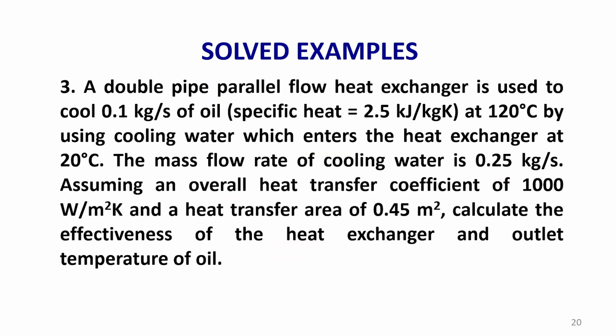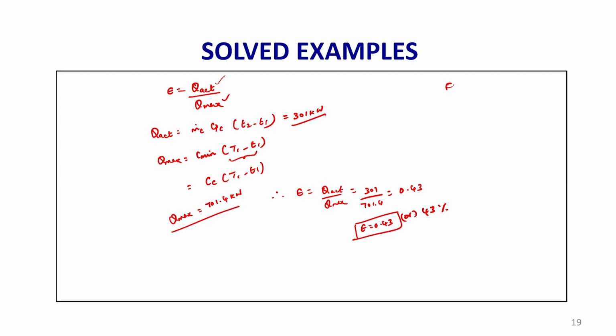Therefore, from the HMT data book, page number 172, at C equal to 0.60 and epsilon equal to 43 percentage, NTU is equal to 0.65.